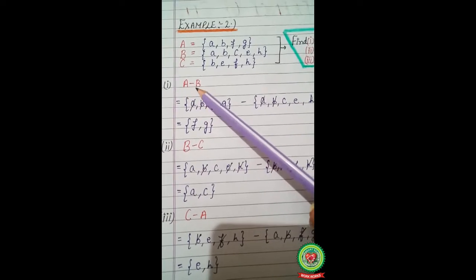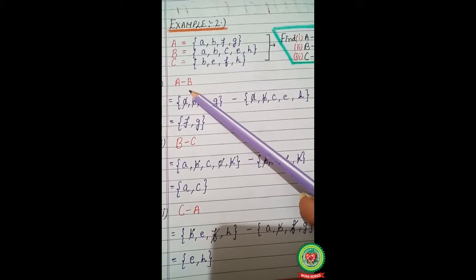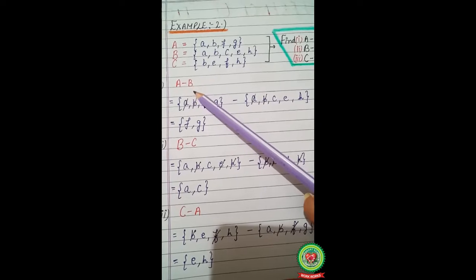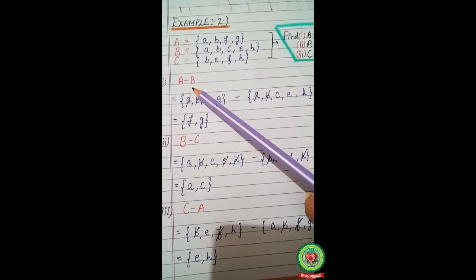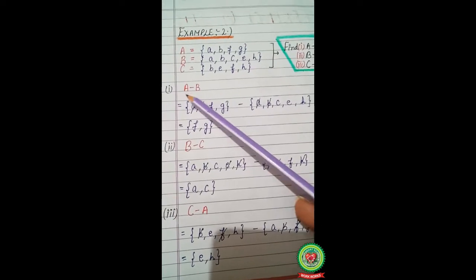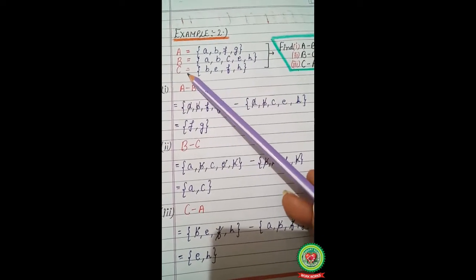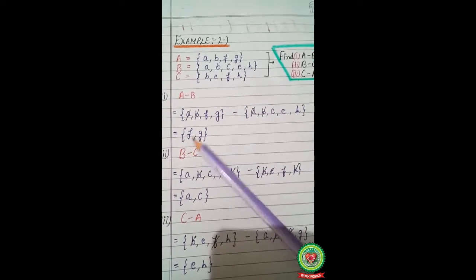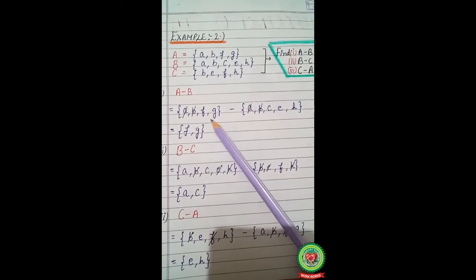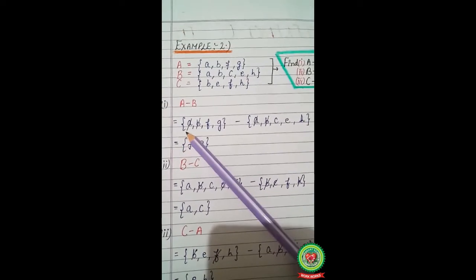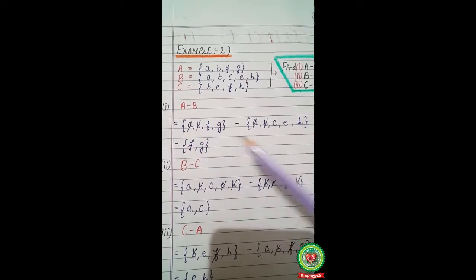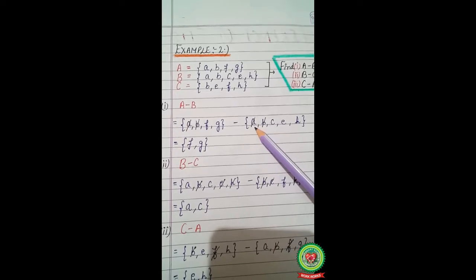Moving to the first step, we need to find A minus B. Previously we have done this kind of question. A minus B means what? Yes, you know, that is only A. We will talk about only the A set, right? So you will write all the elements of set A minus all the elements of B. Now you can see that A is there in the A set and also in the B set, so you will cut it.